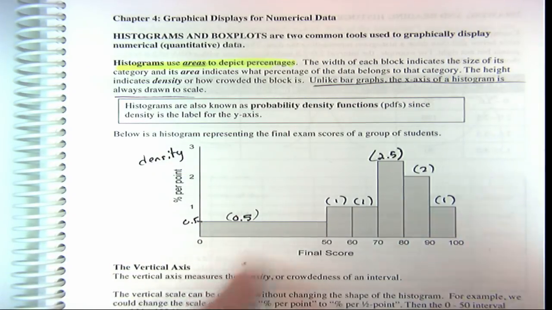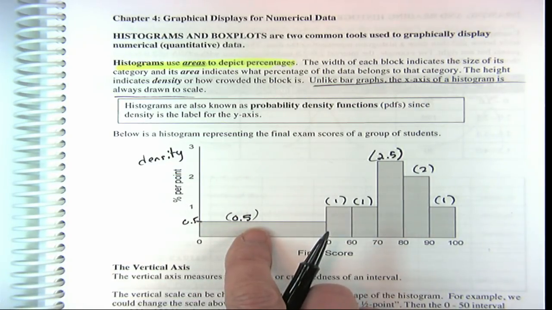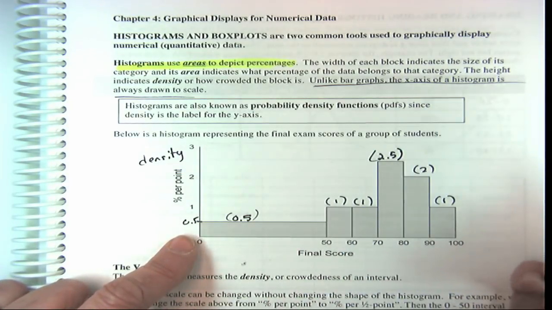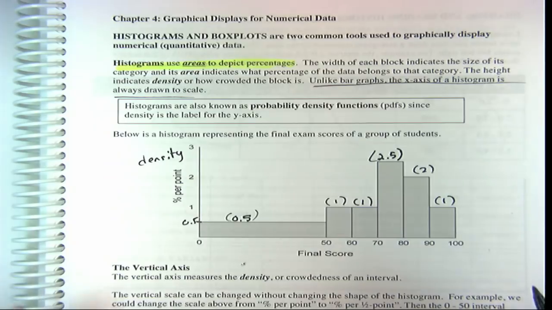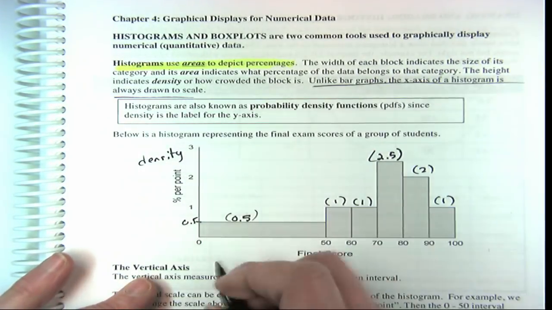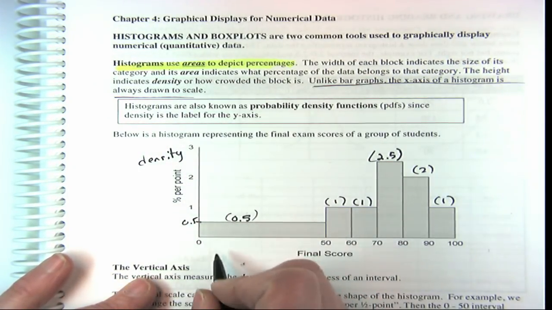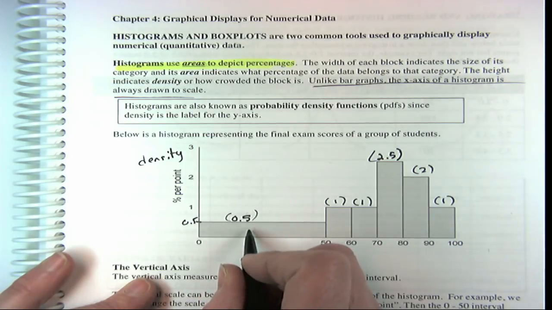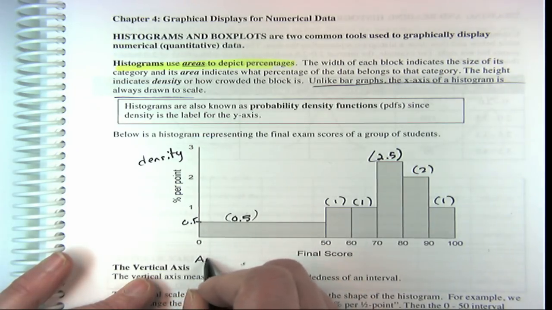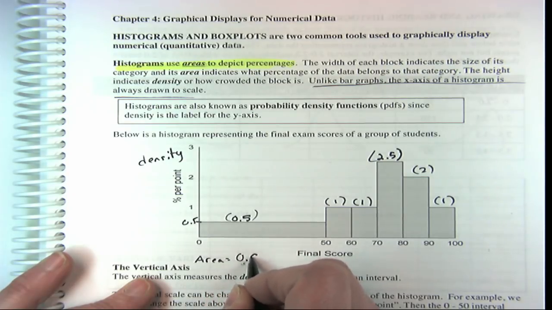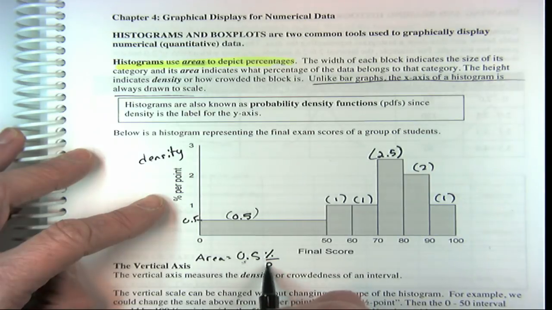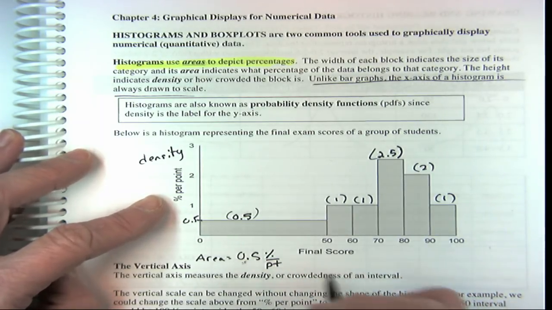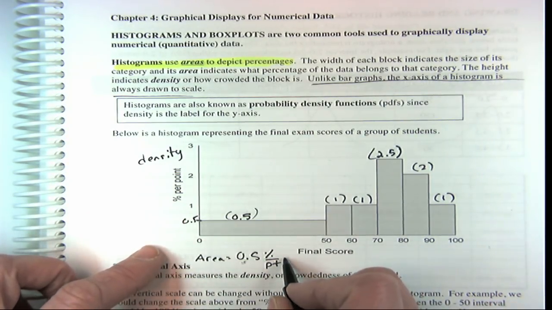So if we wanted to find the areas of all these, what would we do? The area of a rectangle is its height times its width. So the area of this block would be the height of the block, which is 0.5. Let's put the units in so you can see how it works out: percent per point, times the width.